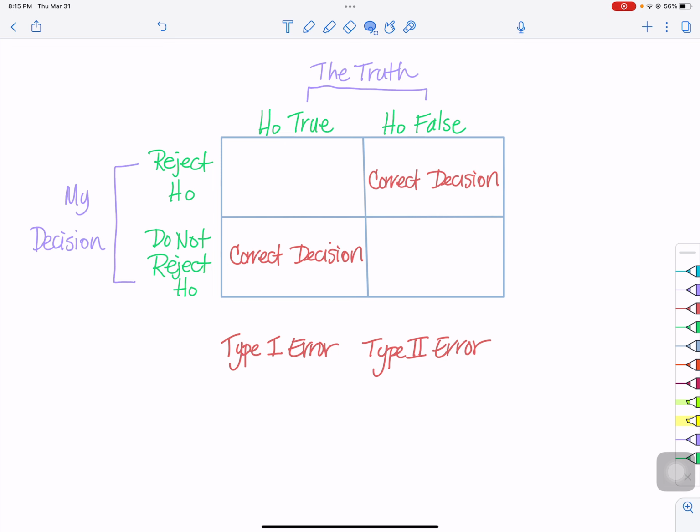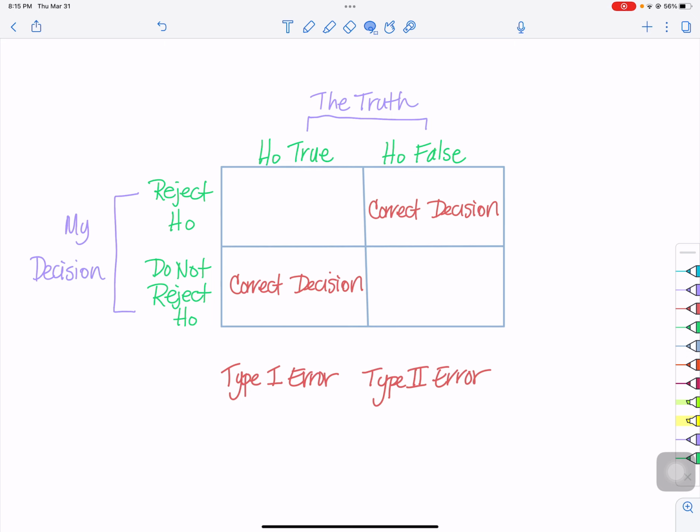Okay, now we need to talk about our errors. We make an error if we reject a hypothesis when that hypothesis was true. So we have something that's true and we're saying, nope, we don't want it. So that is definitely an error, and that is a type 1 error. And we'll talk about what these values are.